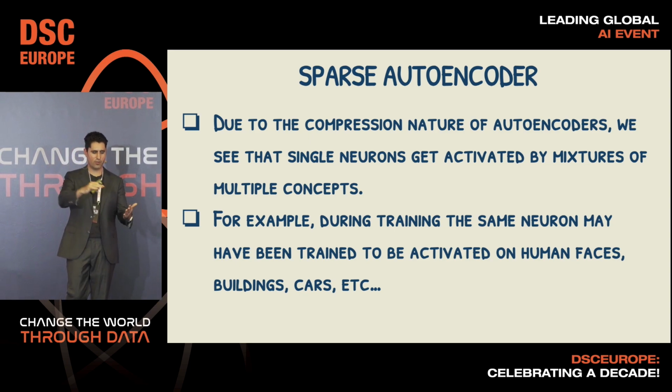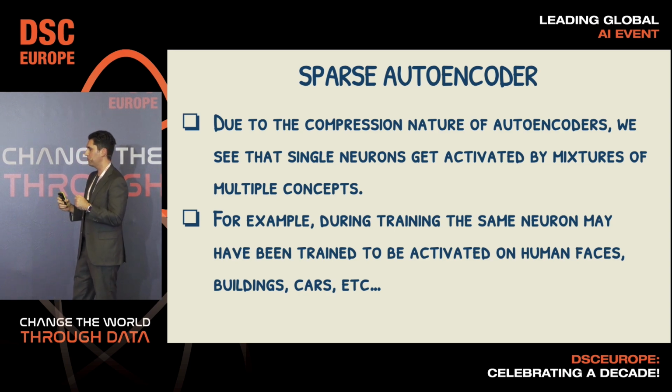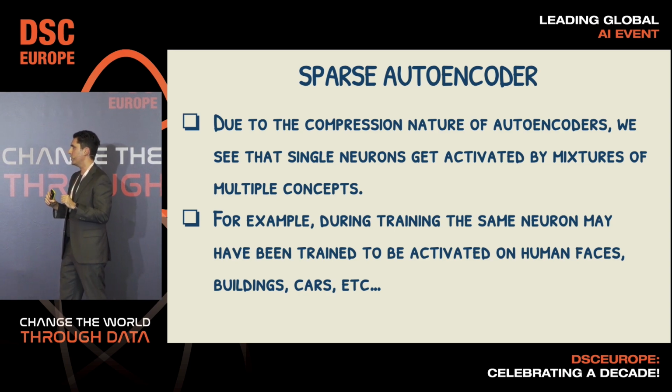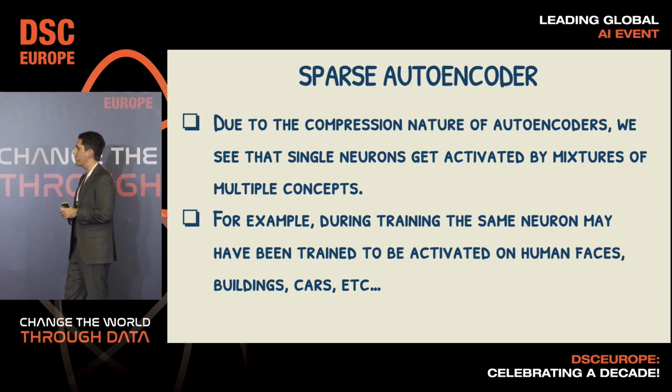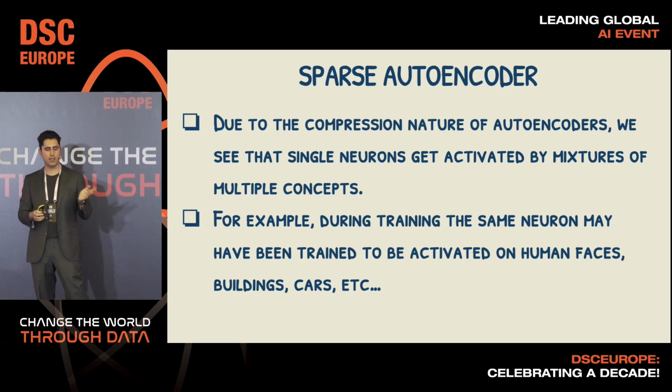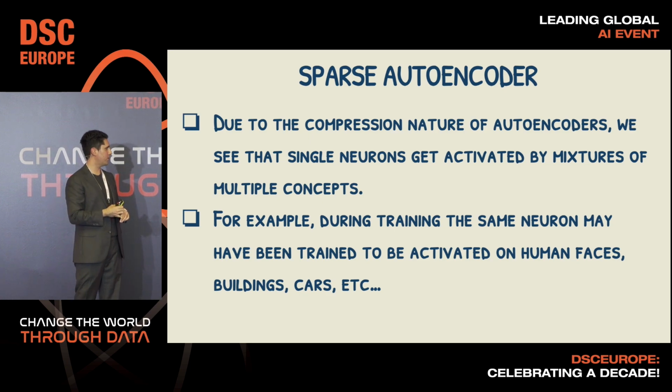Because you're going so dense and you're compressing so much, the neurons are doing heavy lifting, so to speak, but they become what's known as polysemantic. And this is actually kind of what you want, that one neuron can be activated by multiple concepts, so you don't have too many duplicate neurons. So one neuron could be trained to be activated both on human faces and buildings and cars, etc. That's great for efficiency of the models on a computer.